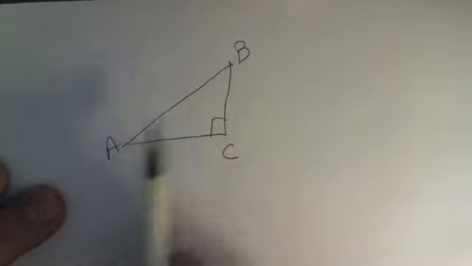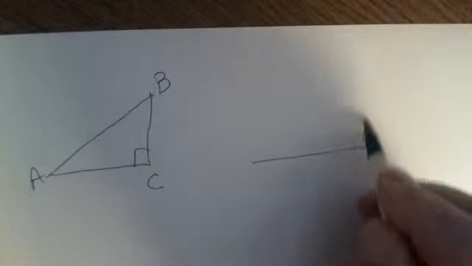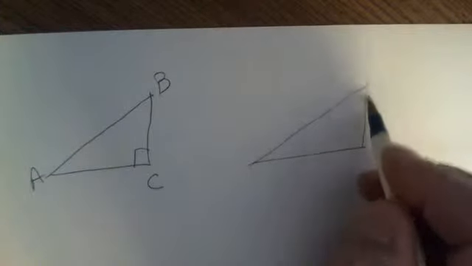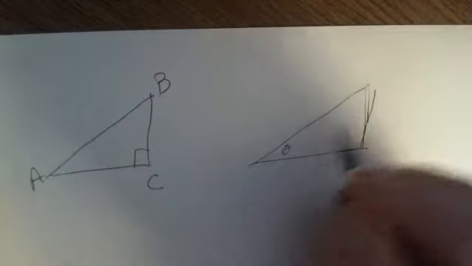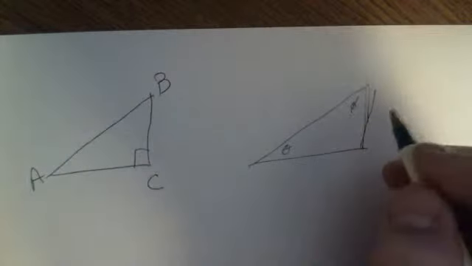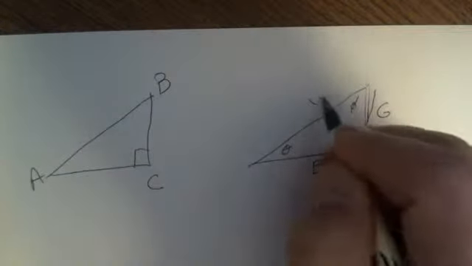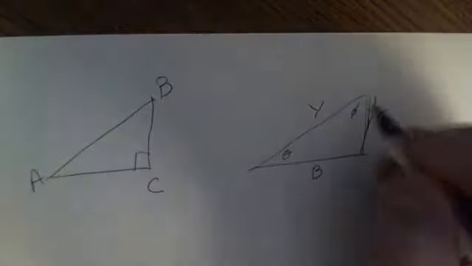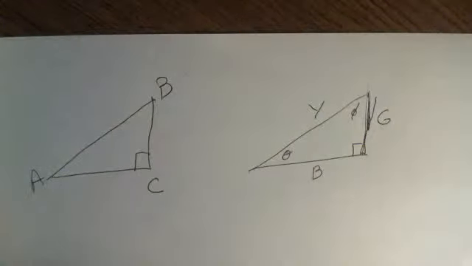Just keep in mind that your angles are either going to be capital letters or they might look something like this. You might have a triangle with these Greek symbols in here, and they may put the capital letters on the sides. So you have to understand the differences.